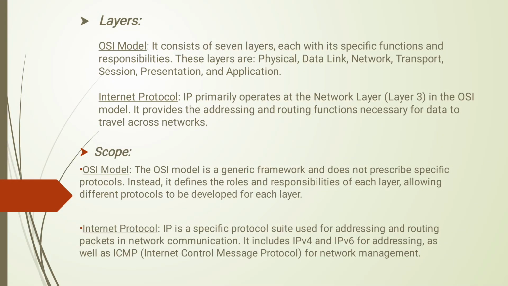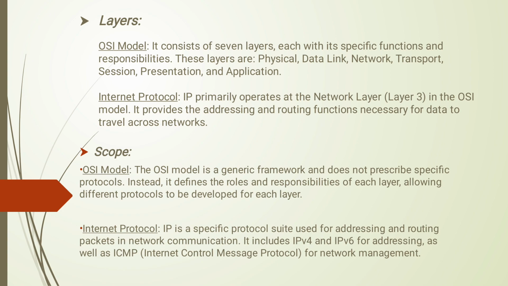Next, the layers. Comparing the layers of the OSI model and the Internet Protocol: the OSI model consists of 7 layers, each with its specific functions and responsibilities.